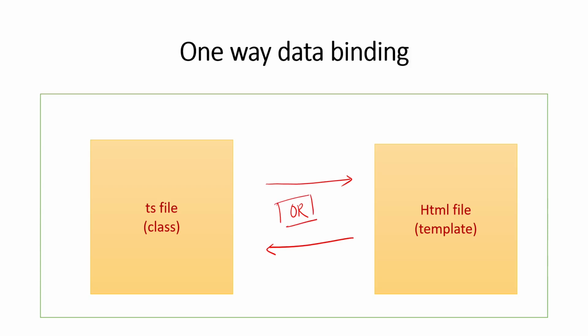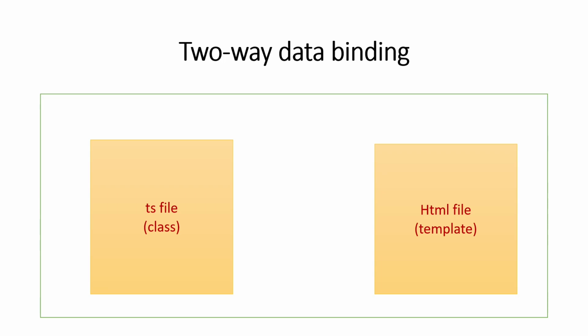You can see the data is flowing from one direction to another, and it can be from TypeScript file to template or from template to class. We can achieve this in multiple ways via interpolation, property binding, event binding, which we will discuss in detail in upcoming videos.